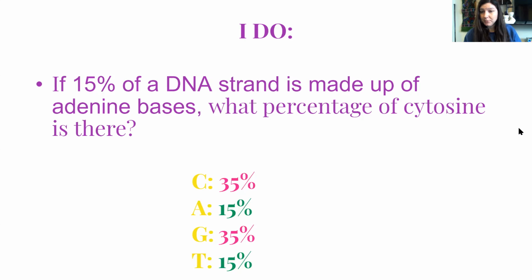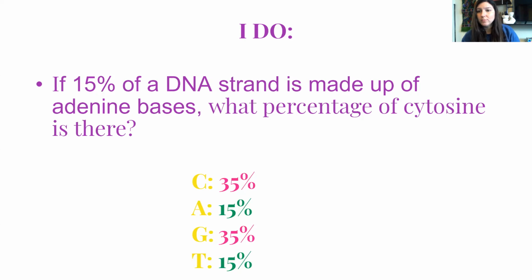And if I take 100 and I take away 15 for adenine and 15 for thymine, so that's 30% deduction, so 100 minus 30, I'm left with 70%. C and G have to be available in equal amounts. Because I know it's equal amounts, I can just divide 70% by 2, which gives me 35% for cytosine and 35% for guanine.